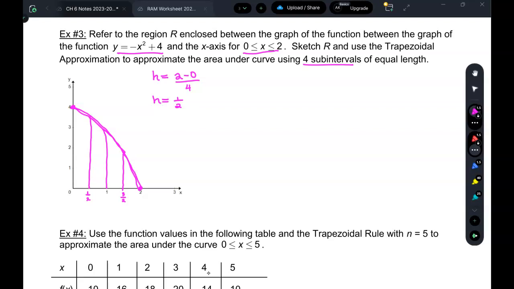Okay, so now we have T equals, so it's going to be a half over 2. Okay, so this one gets to be used one time. So that's just going to be 4, right? Plus 2 times, now plug in a half.